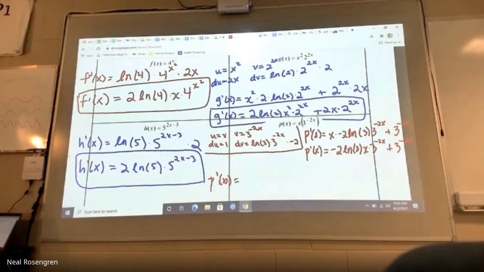I'm not done yet, but I wanted to bring it up to everybody to see what we think. Hopefully you get yourself to there, though. Negative 2 ln of 3x times 3 to the negative 2x plus 3 negative.